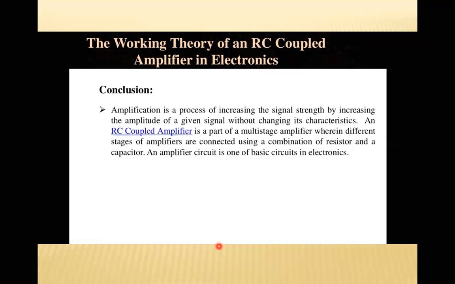An amplifier circuit is one of the basic circuits in electronics. So we have seen a single stage amplifier as well as a multi-stage amplifier, which is normally known as an RC coupled amplifier. So this is all about amplifiers.